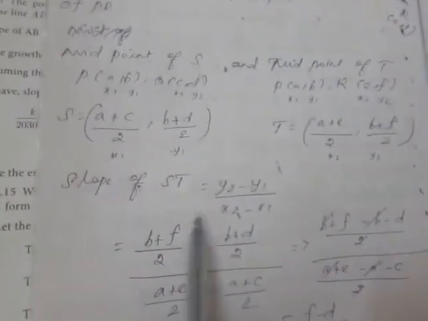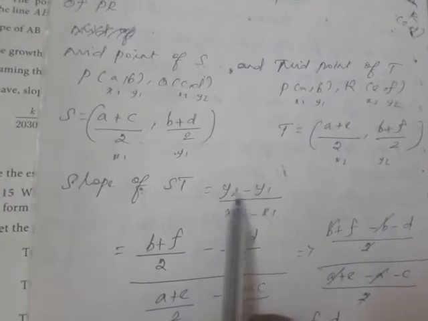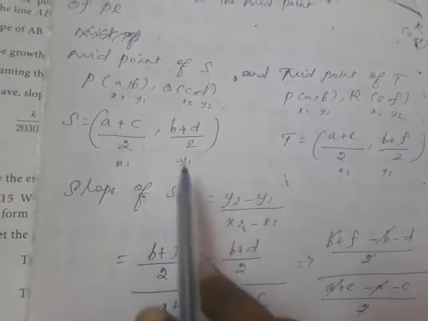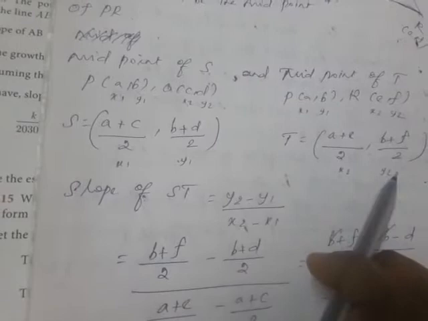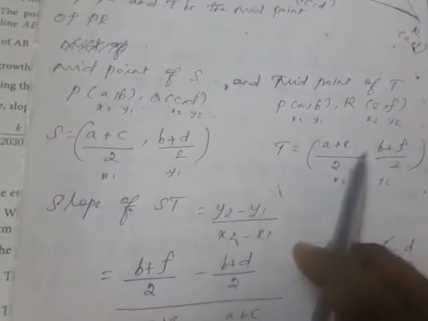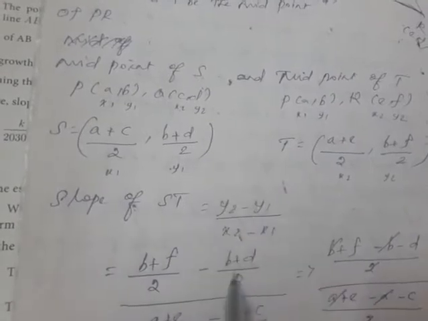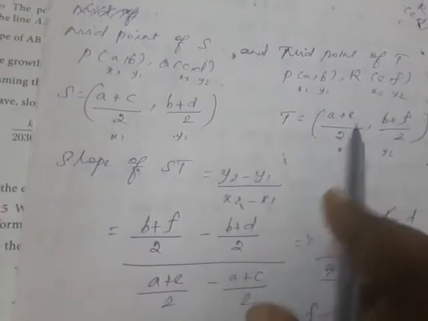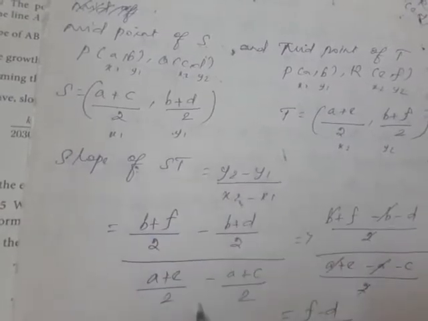Next, we have to find the slope of ST. The slope formula is Y2 minus Y1 by X2 minus X1, with S and T as X1 Y1 and X2 Y2. So it is (B plus F by 2 minus B plus D by 2) by (A plus E by 2 minus A plus C by 2).